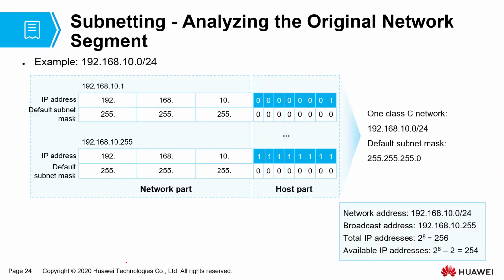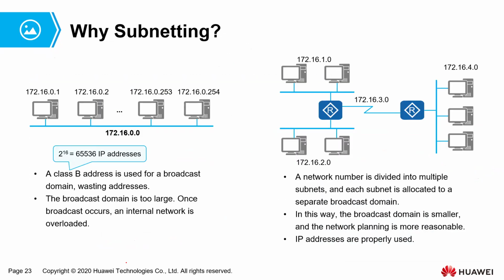Subnetting. Why subnetting? Right. Now, discussing subnetting. Subnetting is basically a way of dividing a huge network into much smaller networks. So in this example, let me give my own example of why we need subnetting.